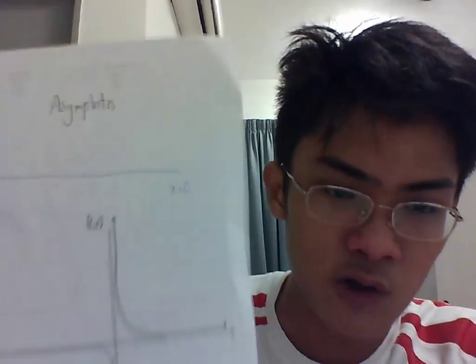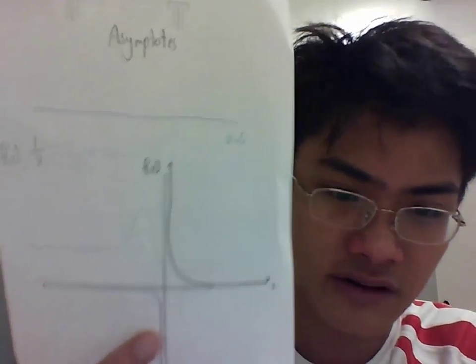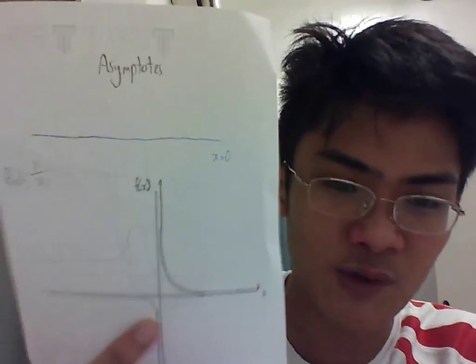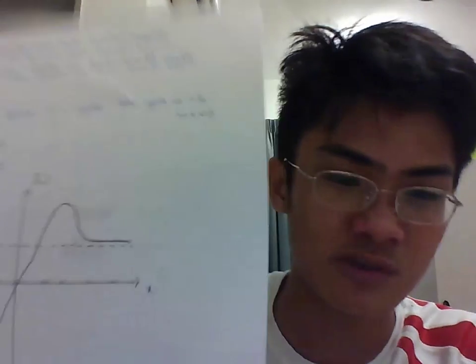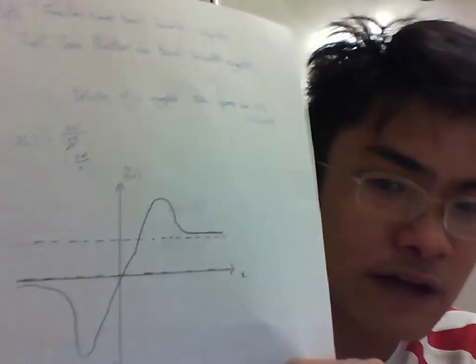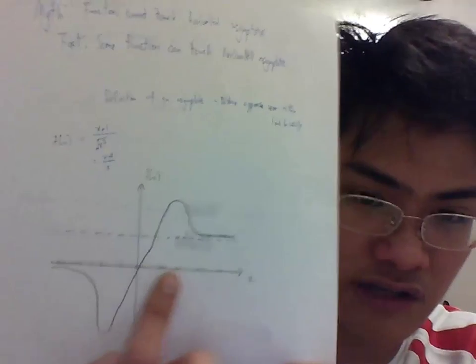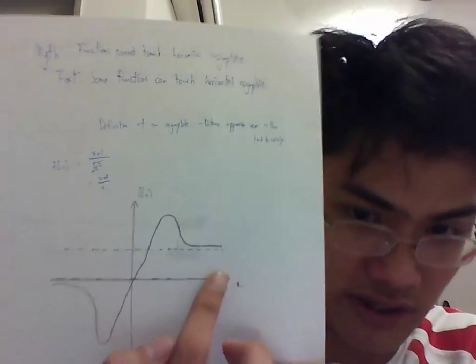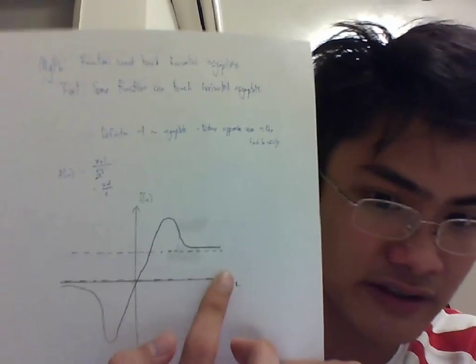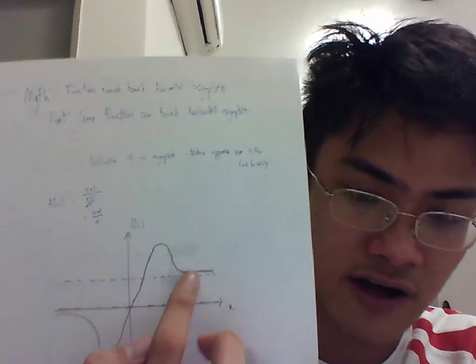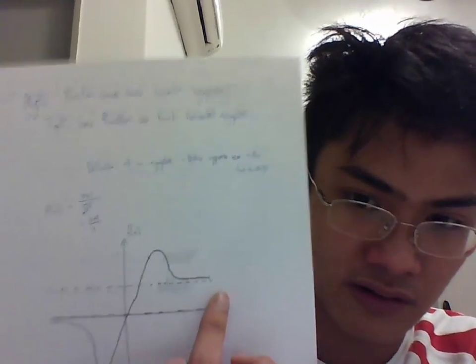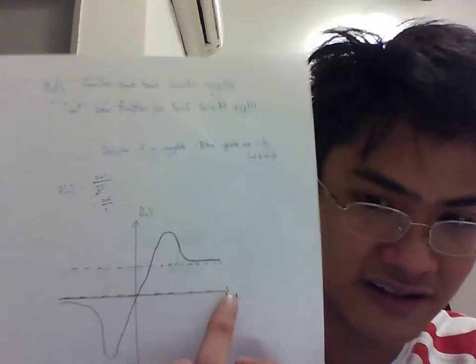A lot of people think that they can never cross, like this. Look, it doesn't ever cross, therefore asymptotes can never cross. But that's not true, because if we look at horizontal asymptotes like this one, the definition states that as it approaches infinity, the distance between the curve and this line approaches zero. As it approaches infinity. That's the key point here.